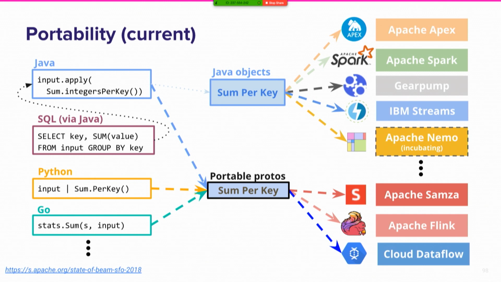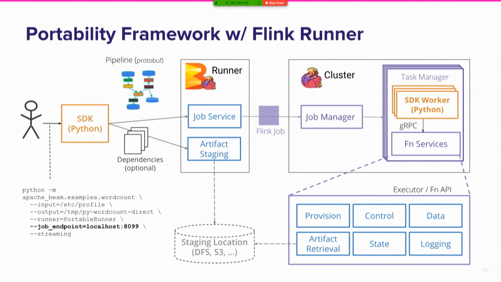And we hope that other runners will move towards the portable model. It's a pipeline representation that is not Java. It's done with protobuf in a way that any other language can generate it too. And the first language that did that immediately from the starting point was Go. Go only works with portable runners.